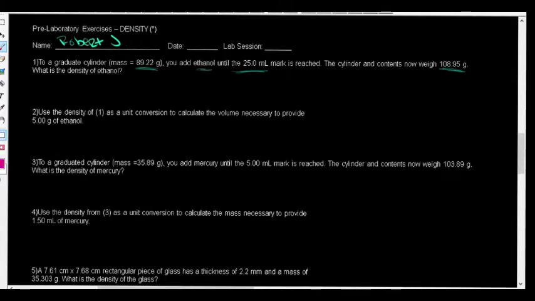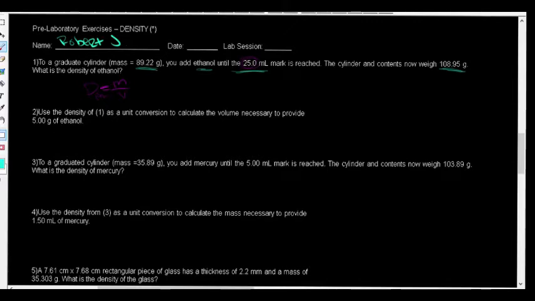So we know that density equals mass over volume, right? In this case, we want to know the density of ethanol. So we need to find out what our mass is, and we already have our volume right there.